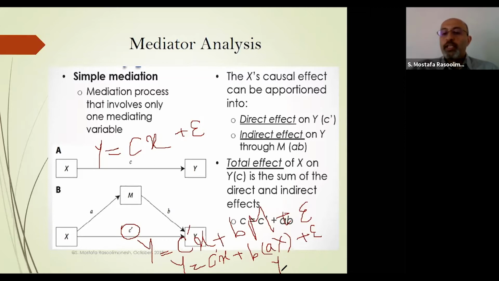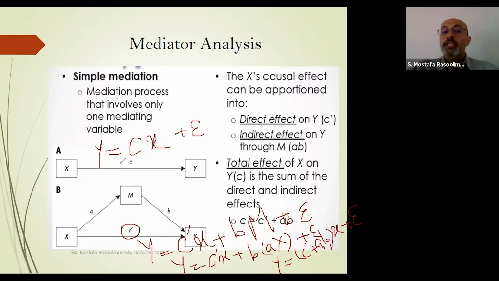So Y is C prime plus AB times X, plus error, right?